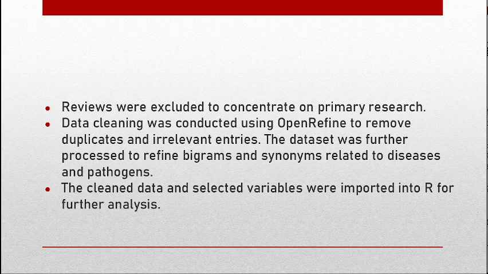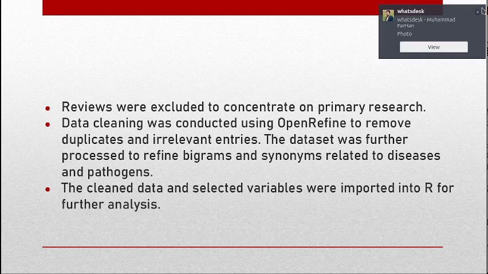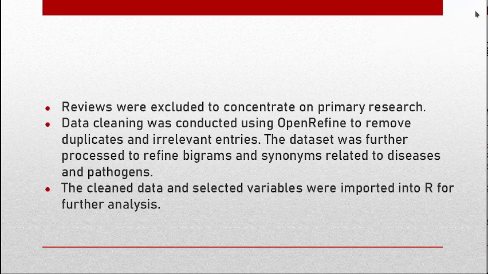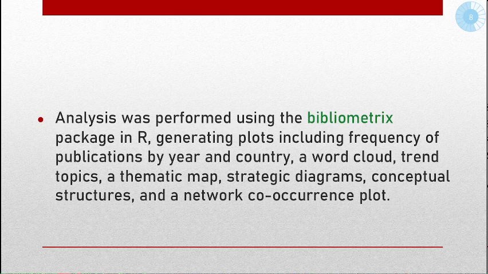There can be trigrams or others, and in bibliometric analysis we can control the synonyms, for example, the synonyms for different diseases, pathogens, species, areas. We can keep certain terms, we can remove certain terms, and we can define the keywords as well.